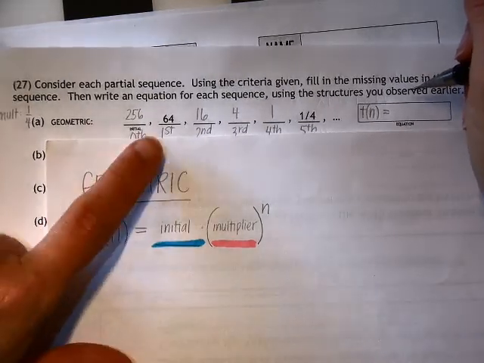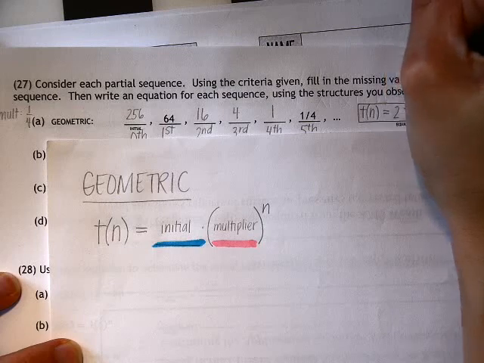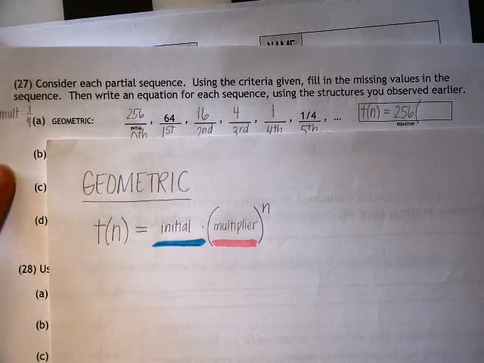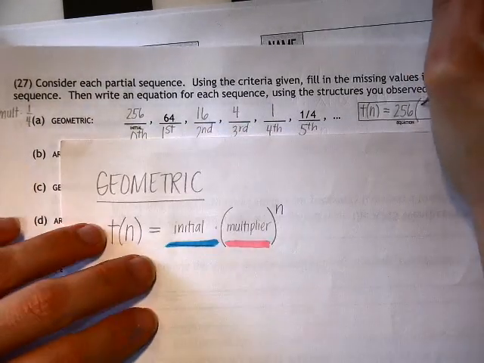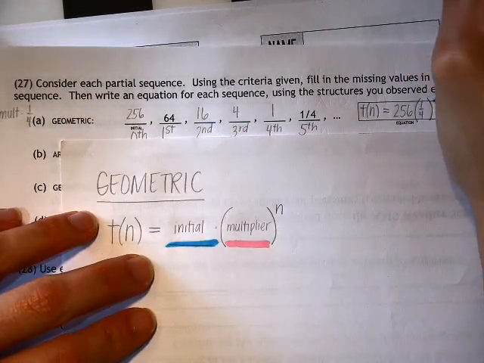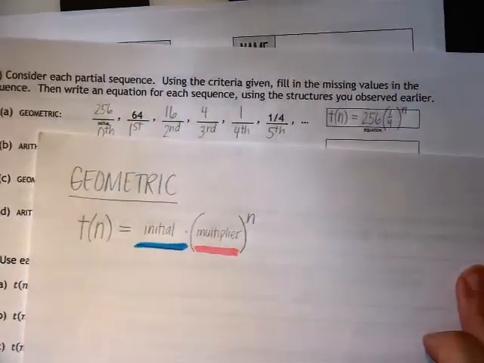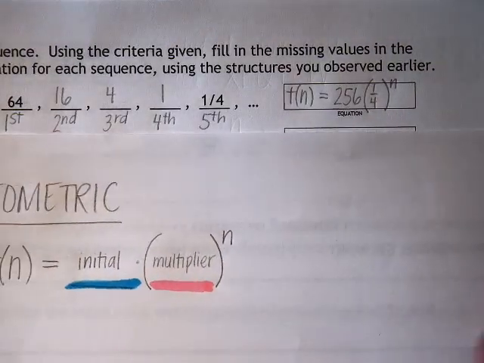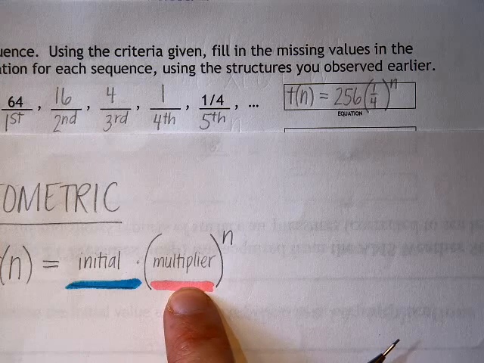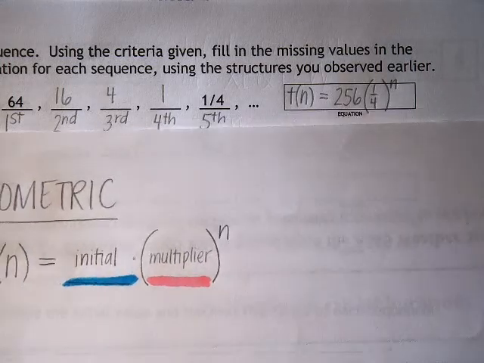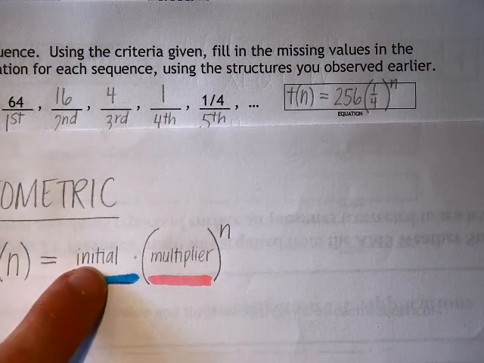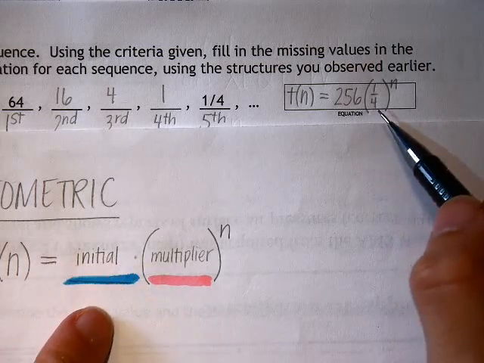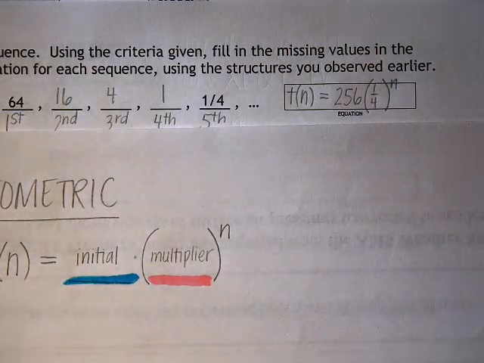The initial value we said was going to be 256 times, because it's got a multiplier, 1/4 to the power of n. So again, notice the similarities in the structure from what I wrote in my general formula versus what I wrote as my answer. 256 goes in the place of the initial, then parentheses, multiplier of 1/4, power of n.